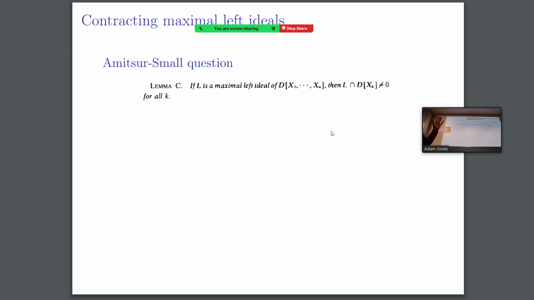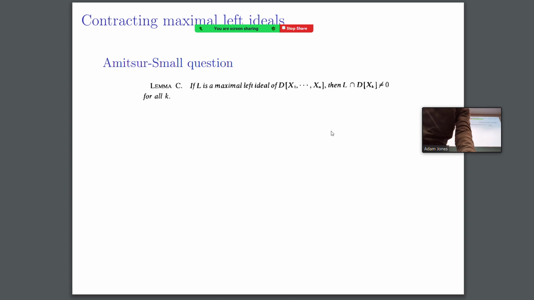Of course, if your division ring happens to be a field, then you get a non-zero prime ideal, because maximal is prime, and if you intersect a prime ideal with a subring, you get a prime ideal. So you get a prime ideal which is non-zero, so it's maximal. In the field case, the answer is, of course, yes.